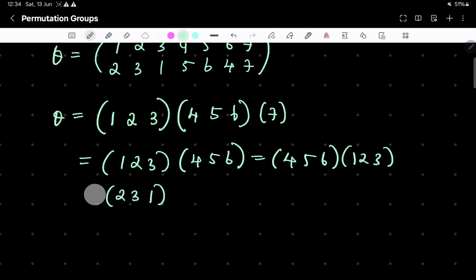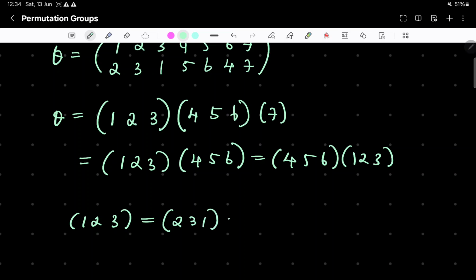So I'll tell you generally: this 1 2 3 is the same as 2 3 1, which is the same as 3 1 2 and 1 2 3 again. What I am doing is I write 2 3 first, then I write 1. So 2 3 1. Now I write 3 1, then I write 2, like that. So cyclically you are permuting.